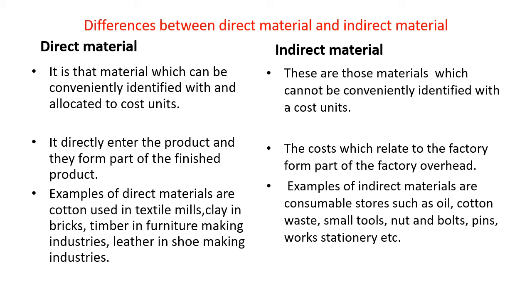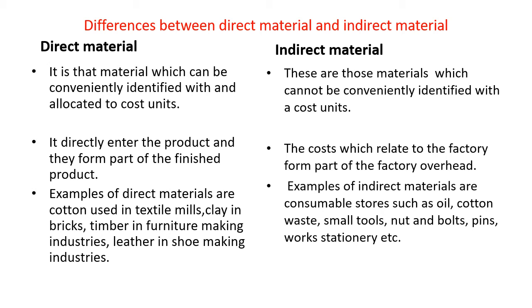And the next concept is indirect material. Indirect materials are those materials which cannot be conveniently identified with a cost unit. The cost which relates to the factory forms a part of factory overhead.